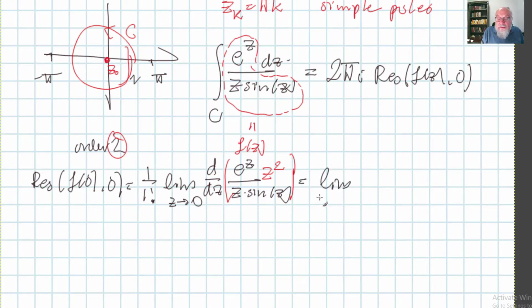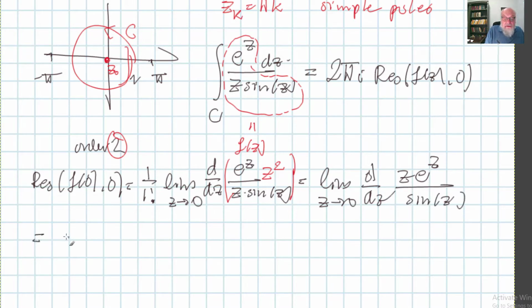Let me compute it. This is equal to the limit as z goes to 0 of d/dz of (z e^z divided by sine of z).